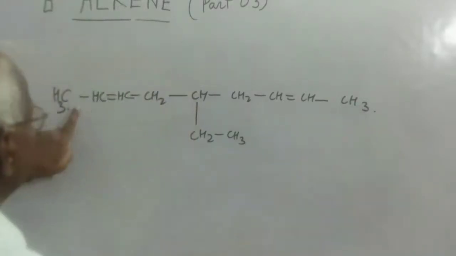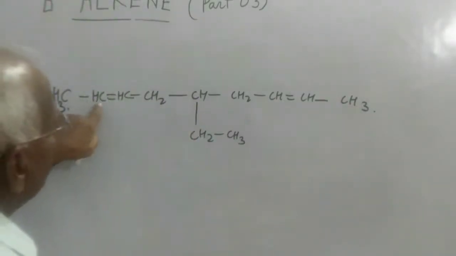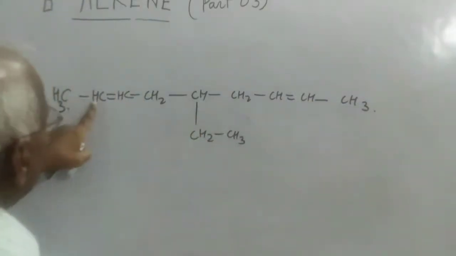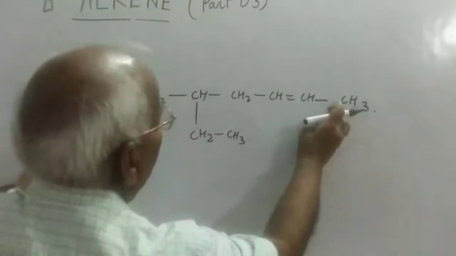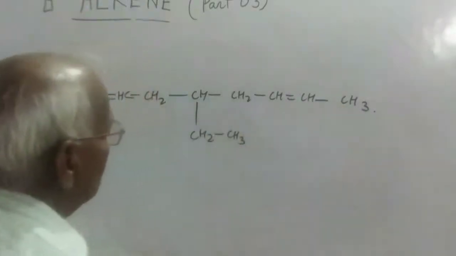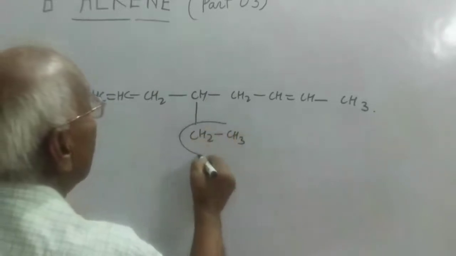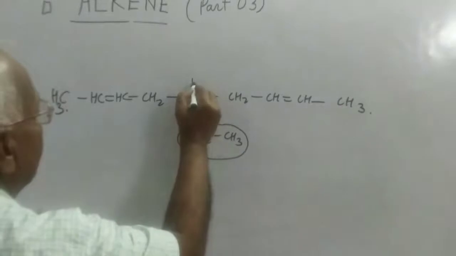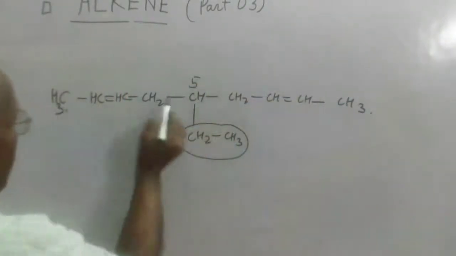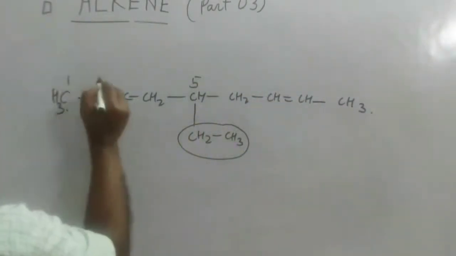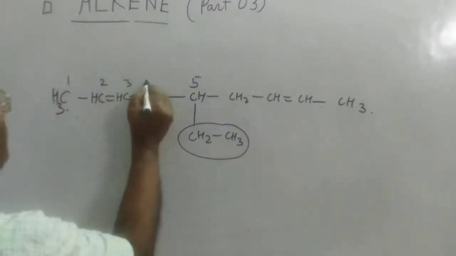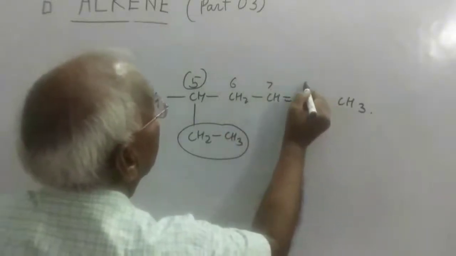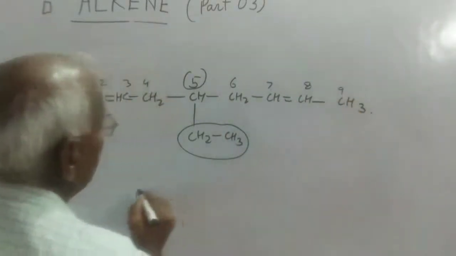The numbering should be 1, 2, and this is 1, 2. Now see the position of the side chain. 1, 2, 3, 4, 5. 1, 2, 3, 4, 5. So the position of the side chain from both ends is the same. It is 5 from this side and 5 from this side. So numbering is 1, 2, 3, 4, 5, 6, 7, 8 and 9.